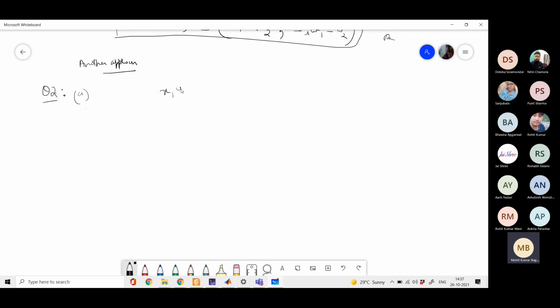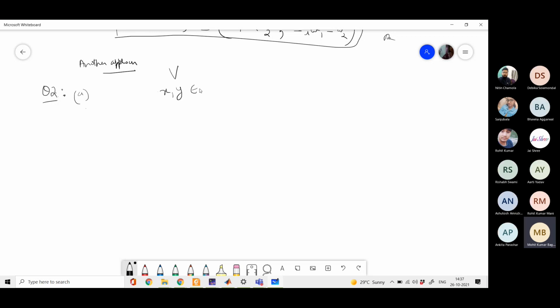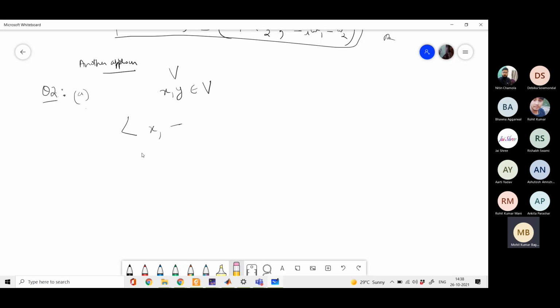Let V be an inner product space, and take two vectors from V. Let T and U be two linear operators on this vector space V. Then you can write the inner product of x comma (T plus U) star of y.